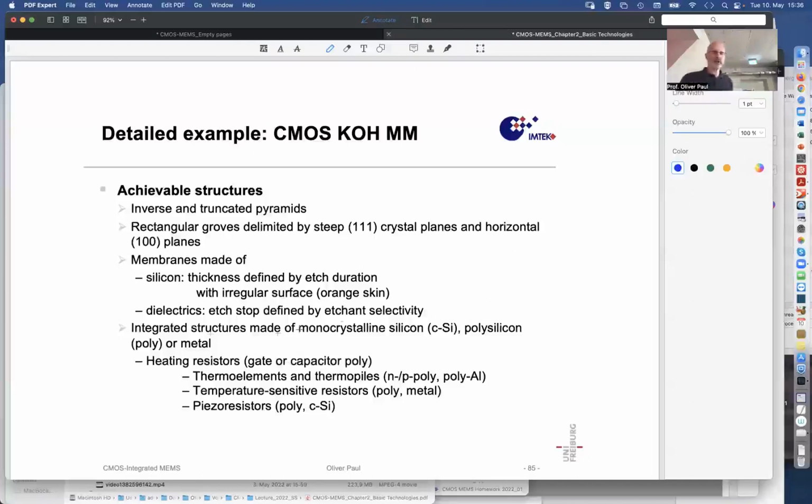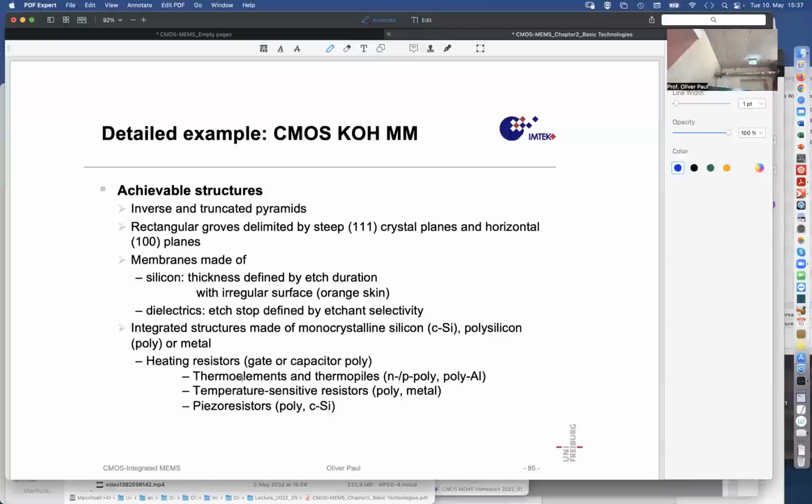You can integrate structures in those membranes based on monocrystalline silicon. If you have membranes of polysilicon or metal, you can implement heating resistors. Using the gate poly or capacitor poly, you can make thermal elements, as you will see in the thermal sensors, temperature sensitive resistors.